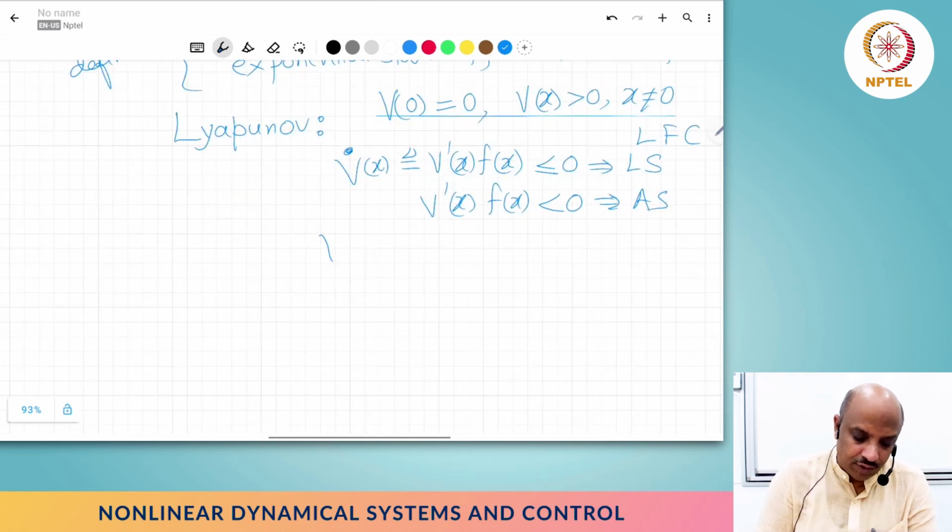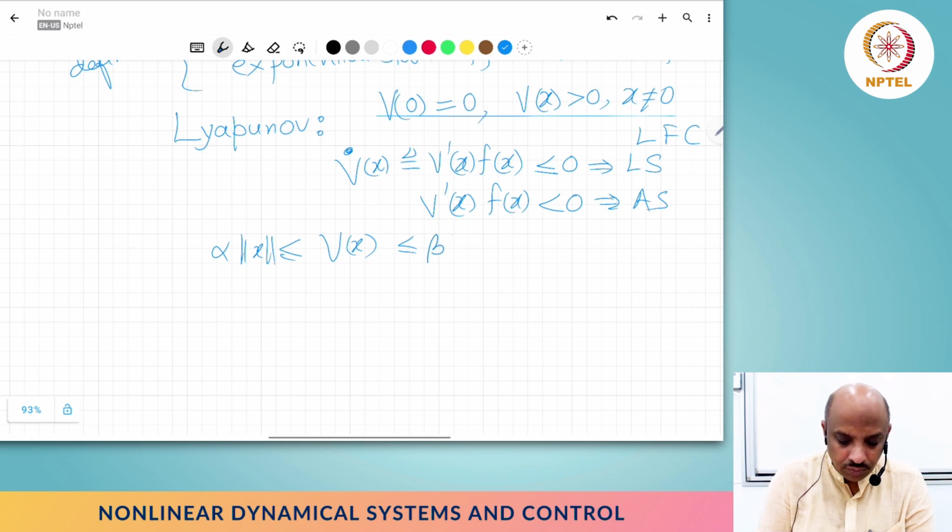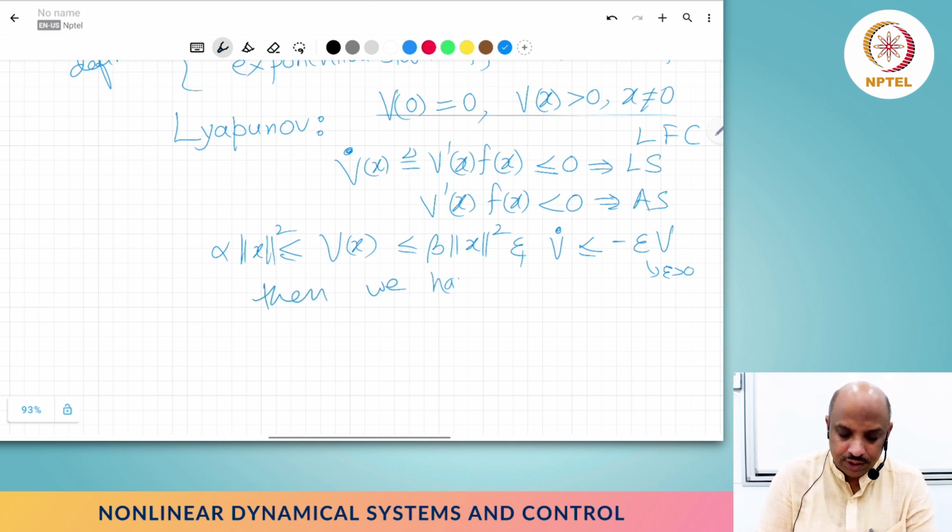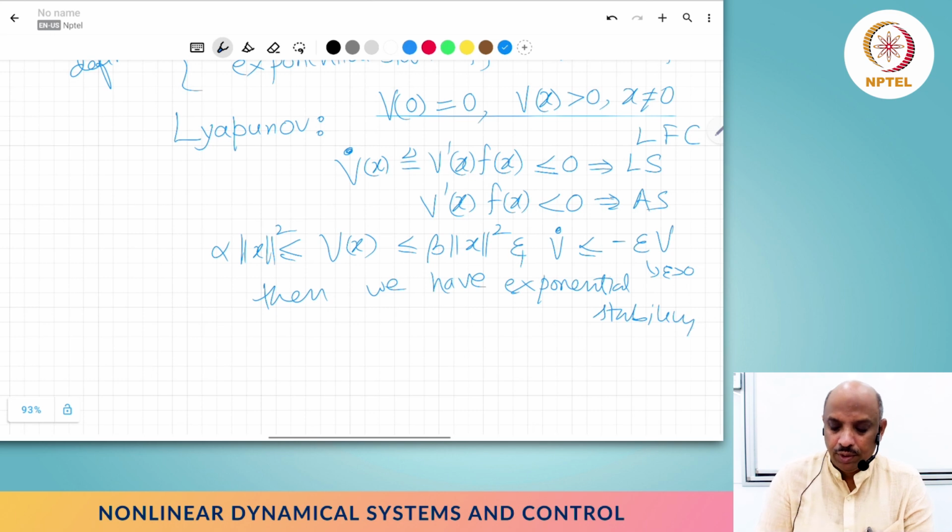And if we have v of x upper bounded and lower bounded by some kind of norm, and also we have v dot less than or equal to minus epsilon v, where epsilon is positive, then we have exponential stability, right?